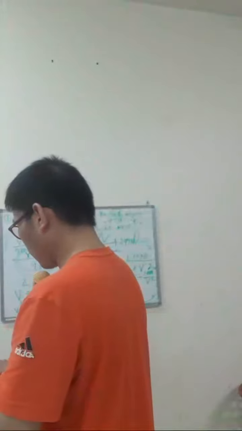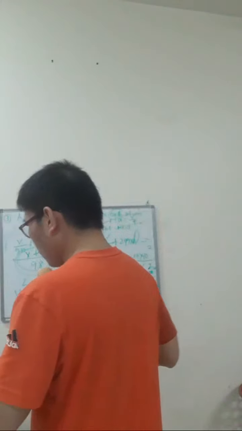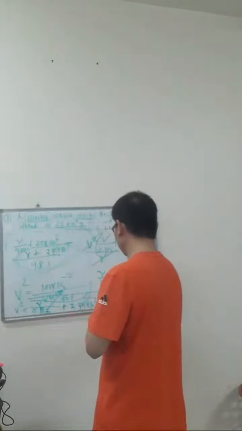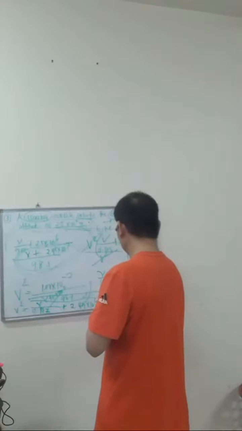So 1 divided by 1.02 equals 0.98V, plus 2.49 times 10 to the 6.